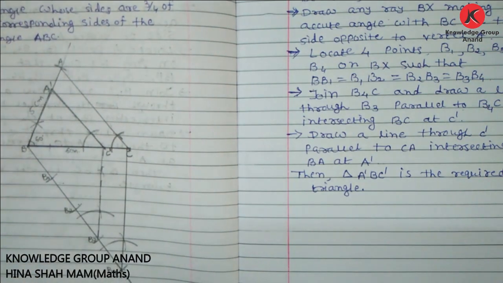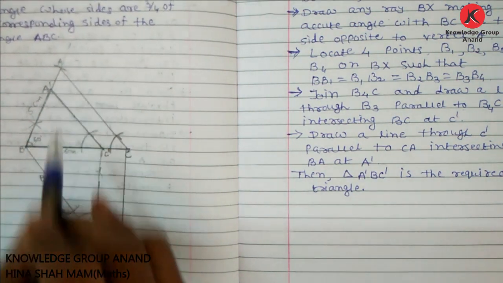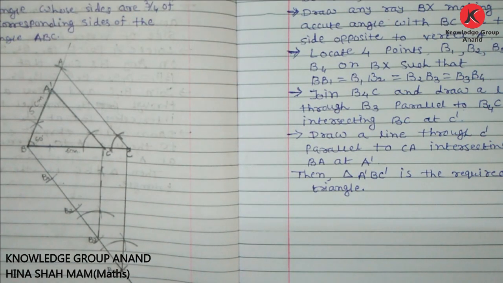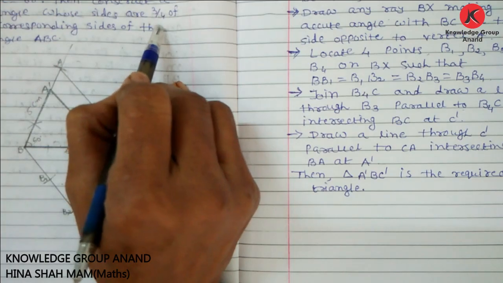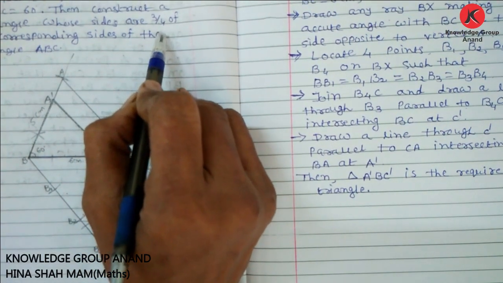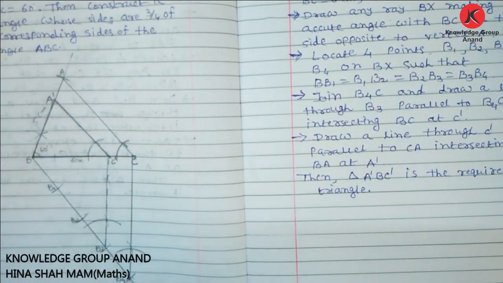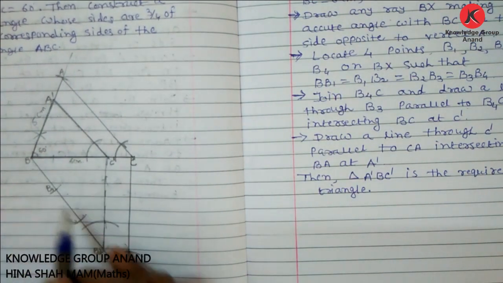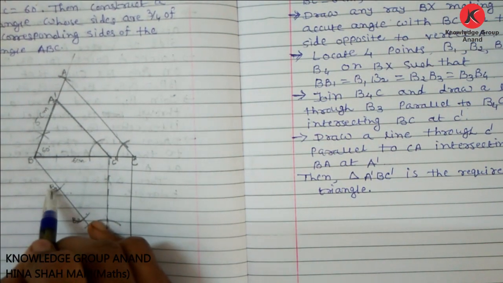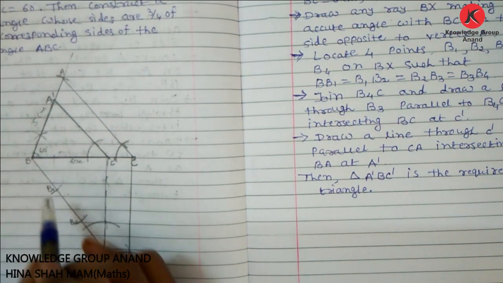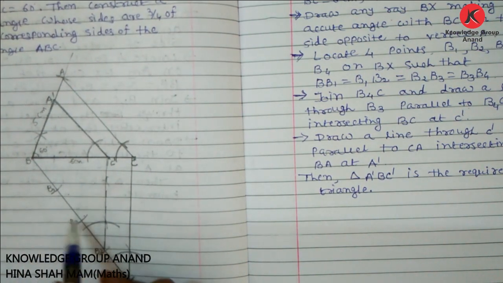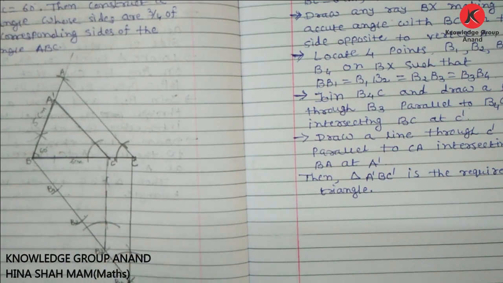Then we draw any ray BX making an acute angle opposite to vertex A. Look at how many points: 3 by 4 here, then 4 is the larger number. 4 points on it, B1, B2, B3, B4, with B1B2 equal to B2B3 equal to B3B4.